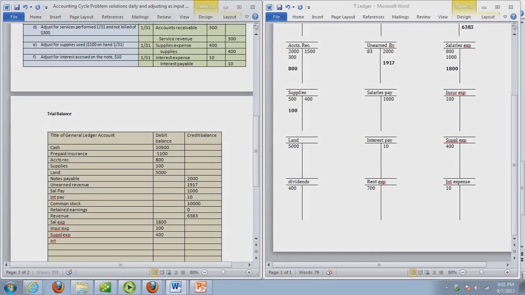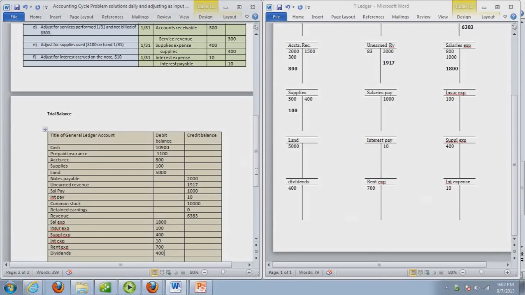Interest expense is 10. And then we're going to pick up, let's see, rent expense. I don't think I've picked that up yet. Again, I just have to move it over a little bit to fit them in. And then I haven't picked up dividends. So you can see all the temporary accounts are at the bottom, which will make up, except for dividends, the revenues and expenses will be on the income statement, and the top will be the balance sheet.